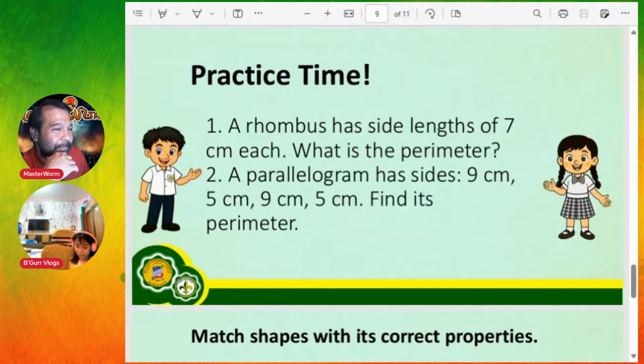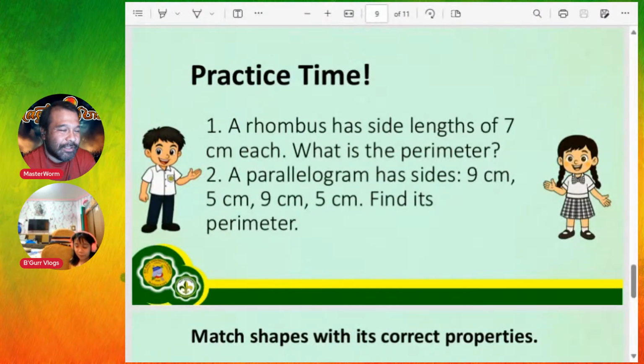So what about the parallelogram? The parallelogram has sides of 9, 5, 9, and 5. Find the perimeter. 9 plus 5, how much? 14.